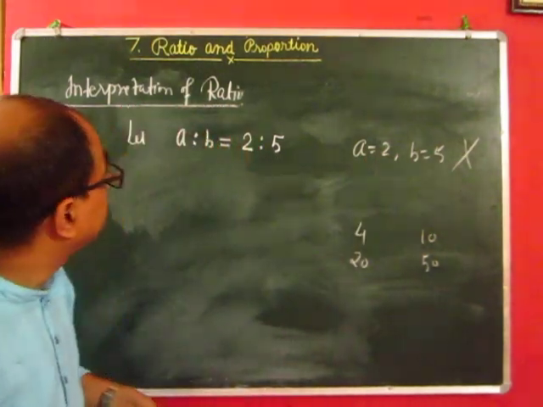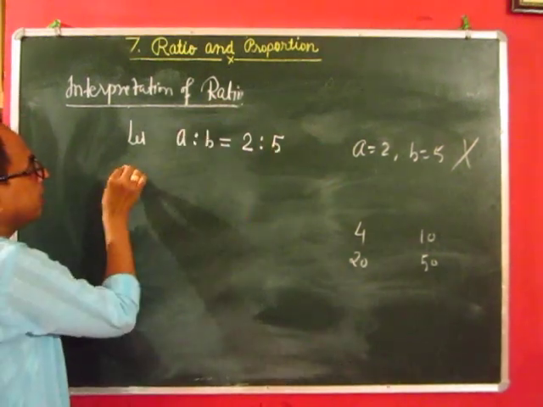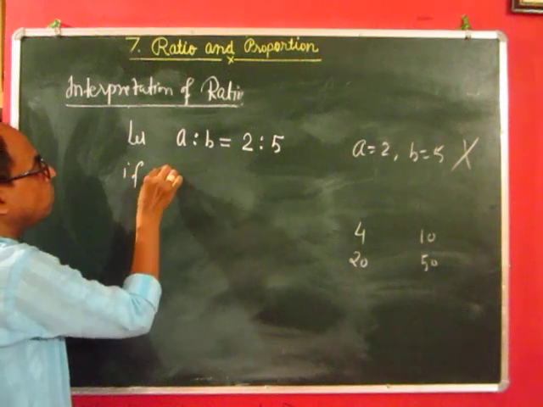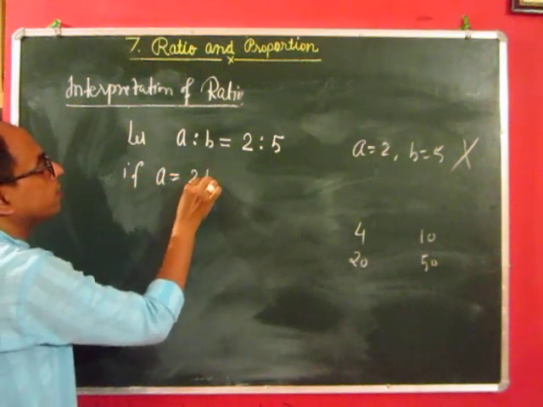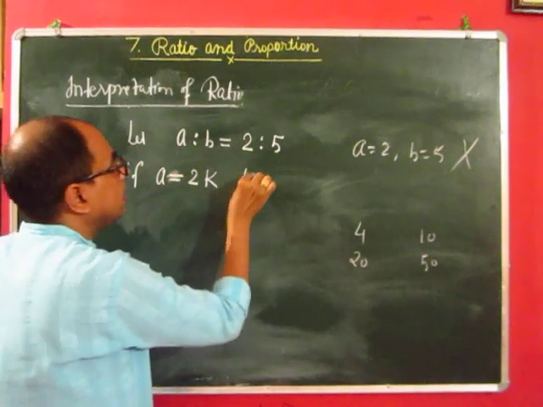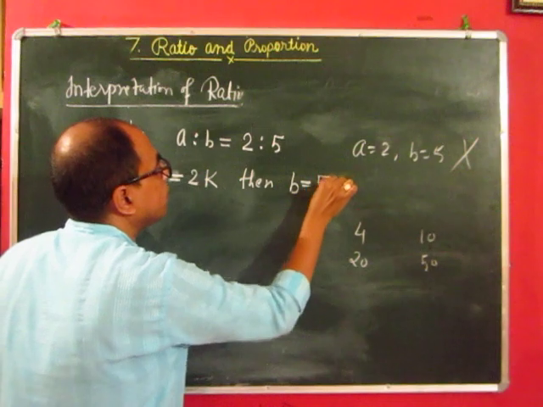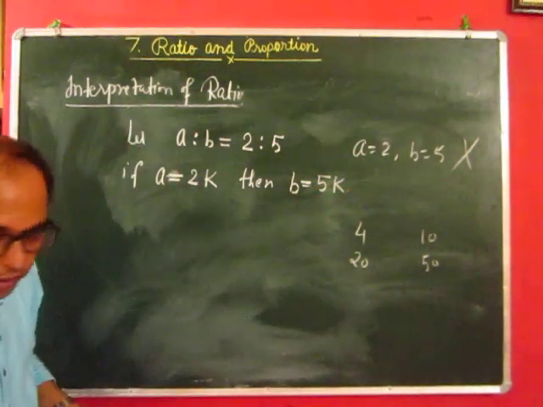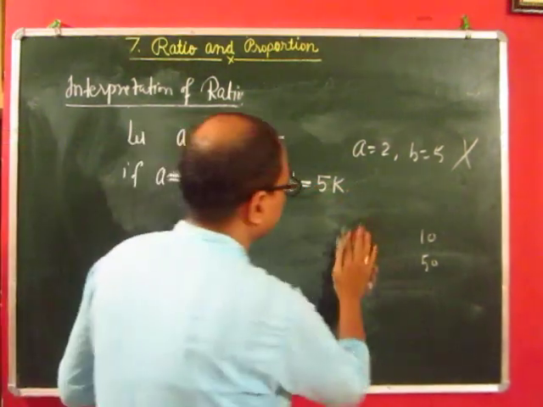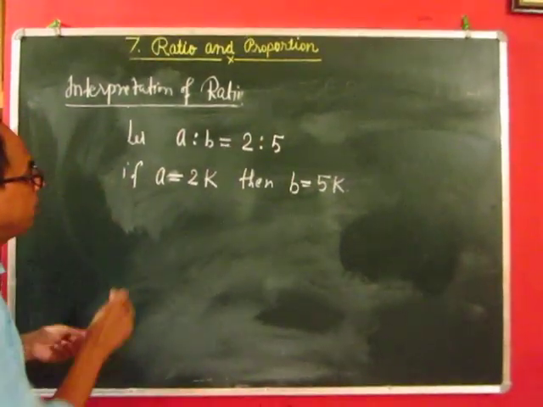So how can we interpret this? We can interpret this in this way. If the value of A is 2k, then the value of B will be 5k, where k is any real number.